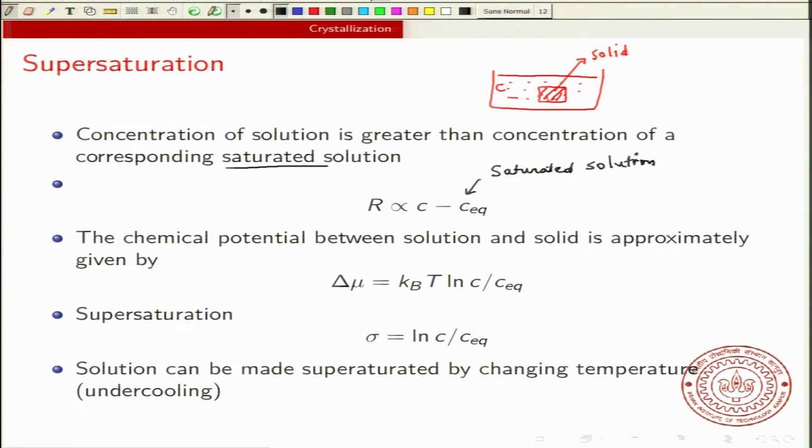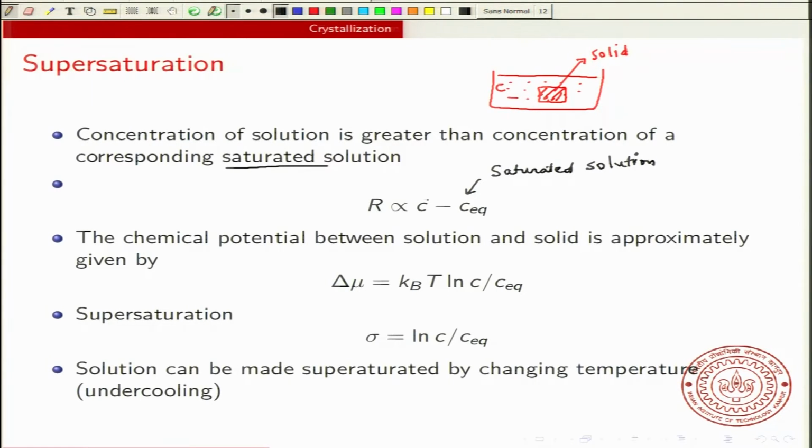Again, you can work this out from very elementary theories. This rate is proportional to the difference between the concentration of the solution and the equilibrium concentration. The equilibrium concentration is basically the concentration of the saturated solution.